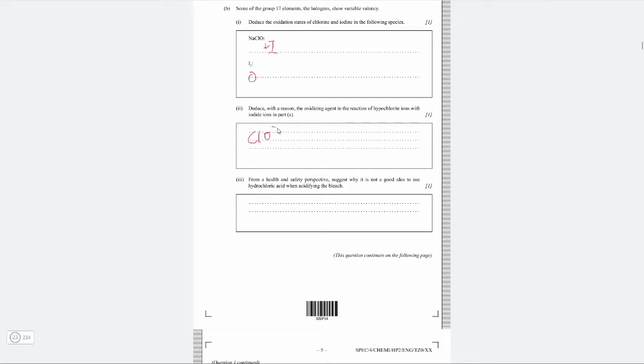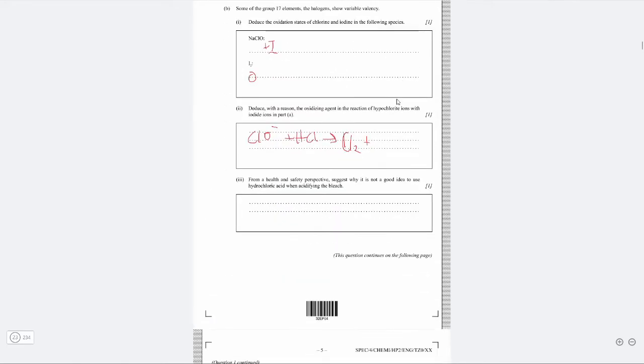So it should be Cl- plus HCl goes to chlorine gas, and what else? Let's see, water, I guess. And this should then be balanceable somehow.